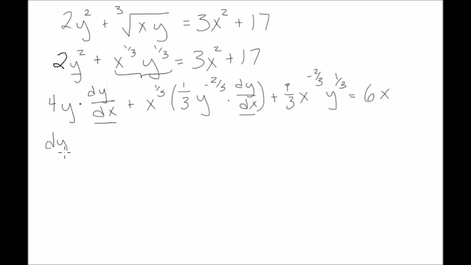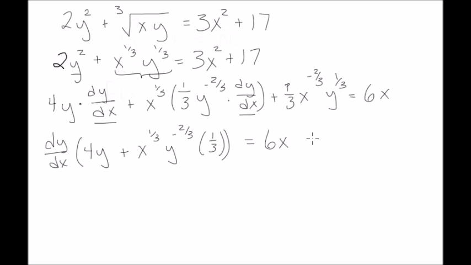So I get dy dx times 4y plus x to the 1/3 y to the negative 2/3 times 1/3 equals 6x minus 1/3 x to the negative 2/3 y to the 1/3. So notice that I moved this term to the right-hand side and I factored the dy dx out of each of the two terms on the left-hand side.